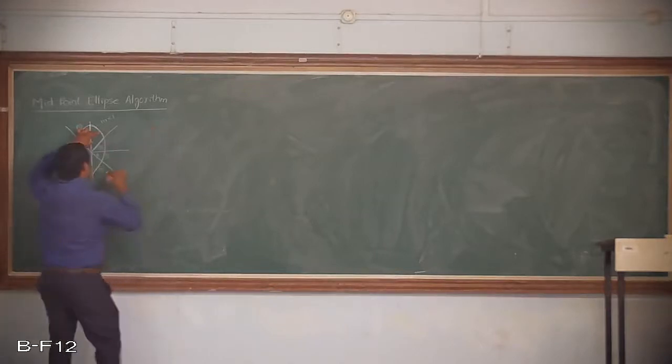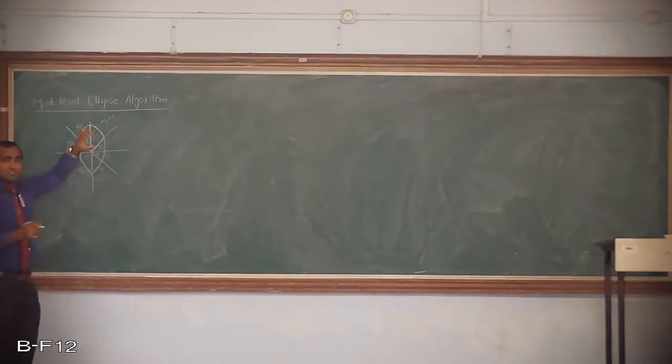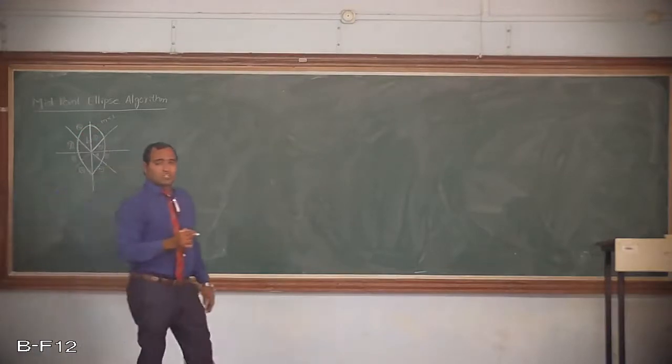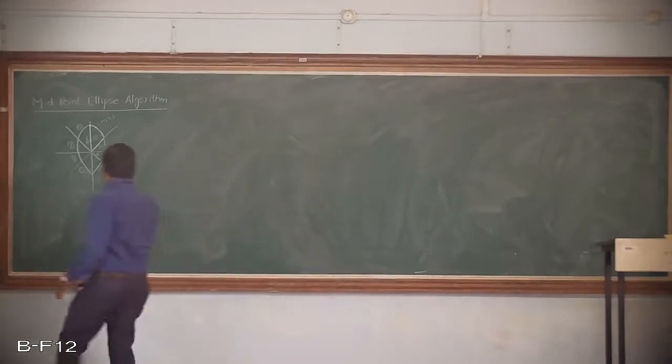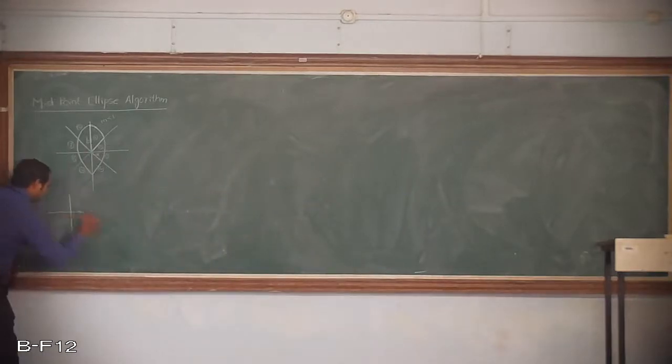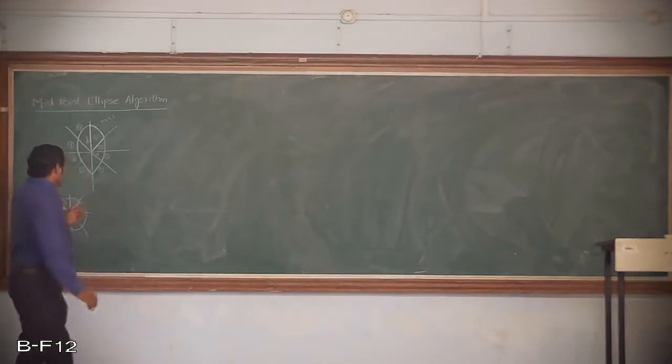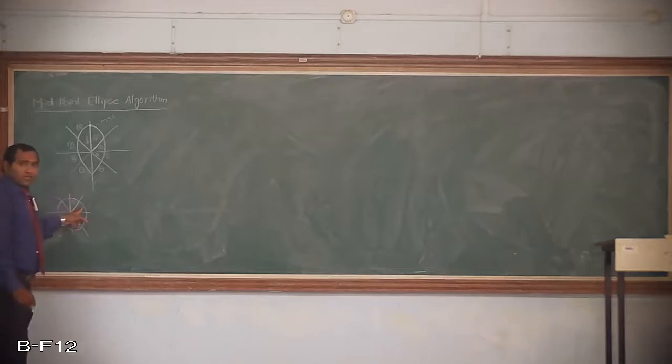As I discussed, the difference between the first octant and the second octant, unlike in the circle algorithm: for the circle algorithm, we used to calculate only the coordinate points in the first octant, and then the second octant points were written by interchanging the x and y coordinates, because the radius is the same.